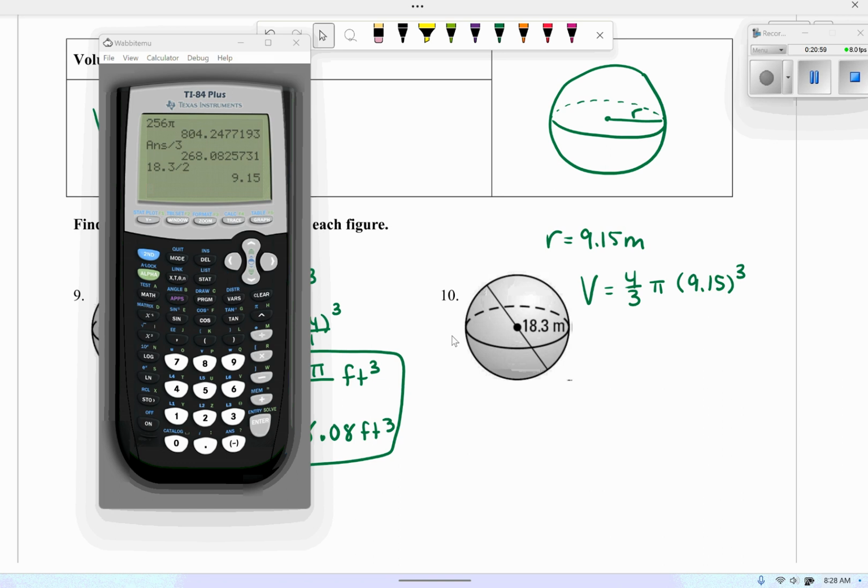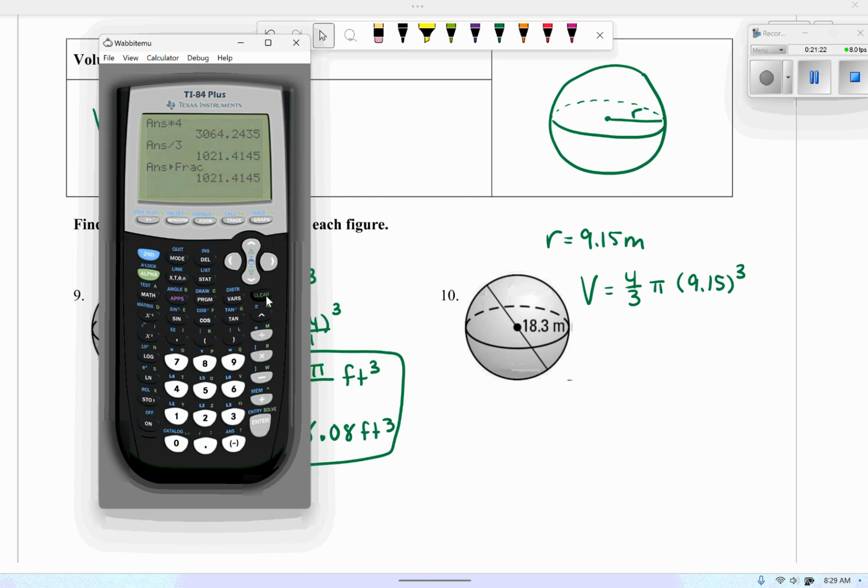So we have in the numerator 9.15 cubed, and then we're going to multiply that by 4, and then we're going to divide that by 3, and see if we can write this as a fraction. If not, that's okay.